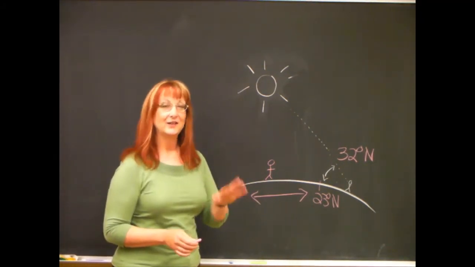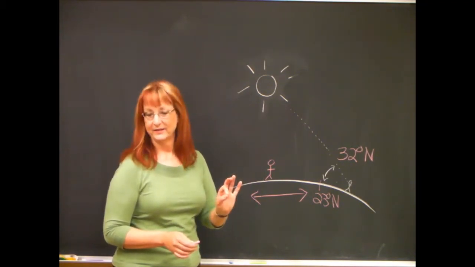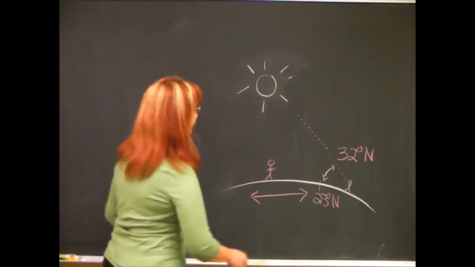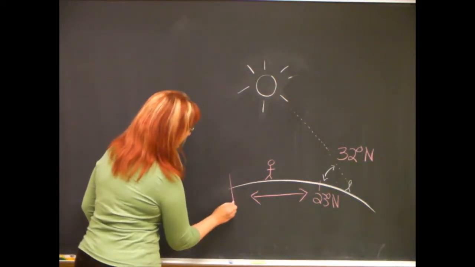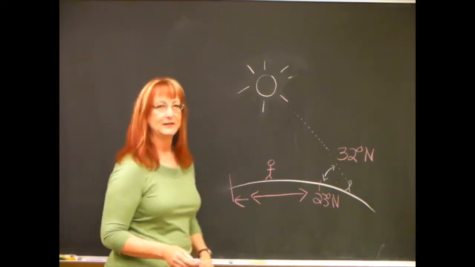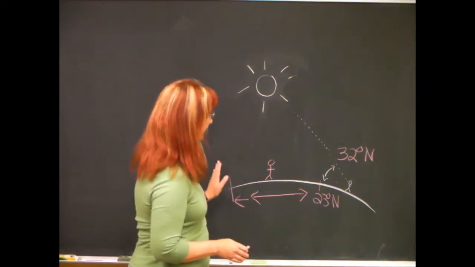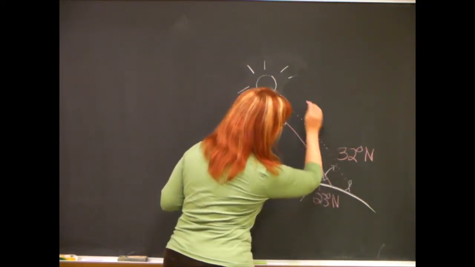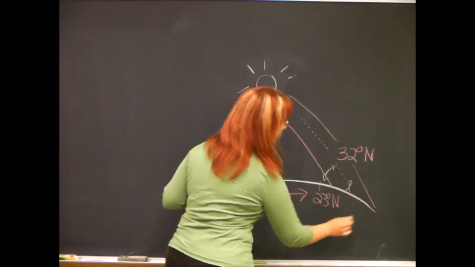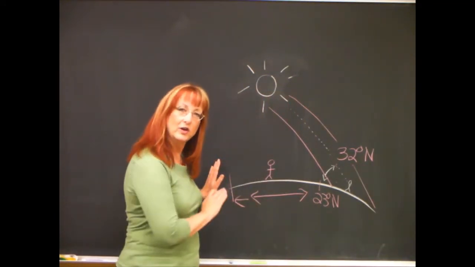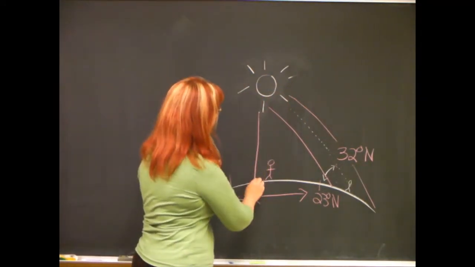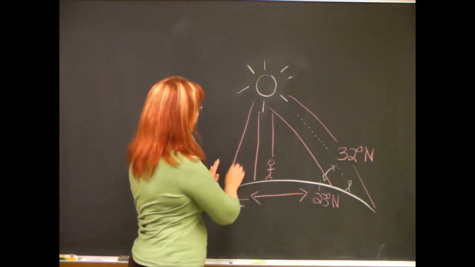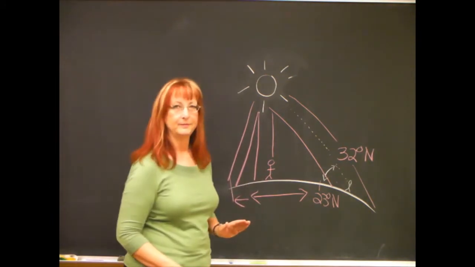All right, so let's say that it's October 10th. It's autumn. So the sun is going to be way down here. That means that the solar energy is going to get spread in a much longer pattern than this straight up and down area, or even over here.